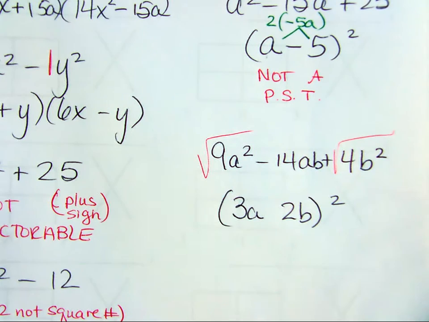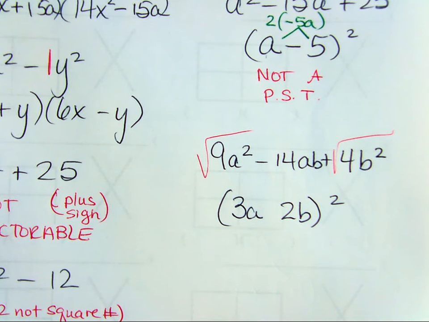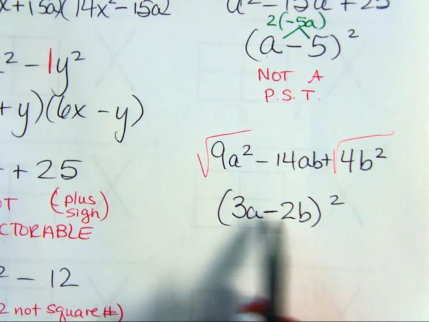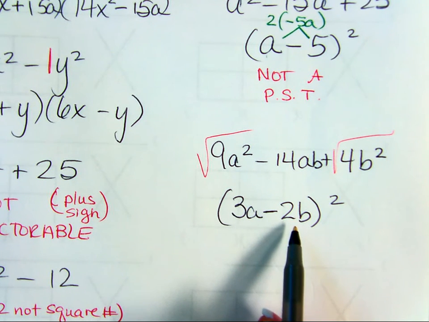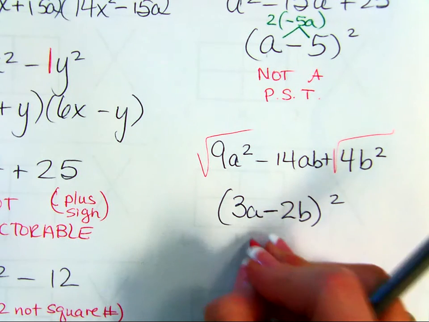That's all. It just means that that's in your answer there. And then this minus goes here. So check to see if that's true. That's 6ab doubled is 12, not 14. So this is not a perfect square trinomial.